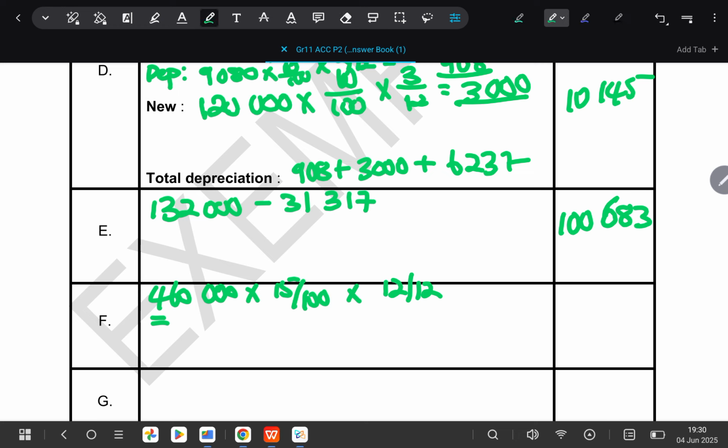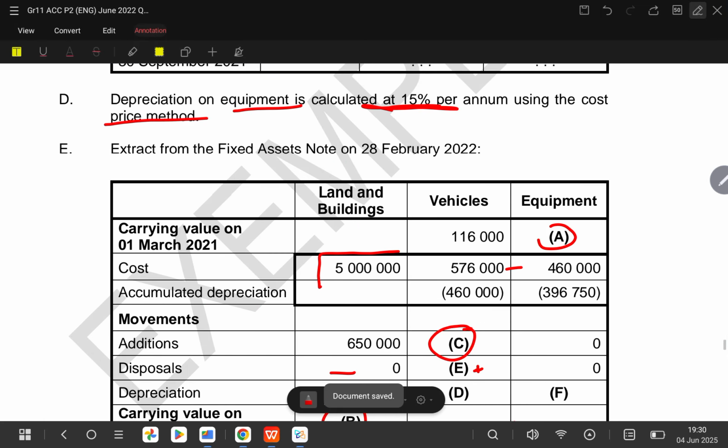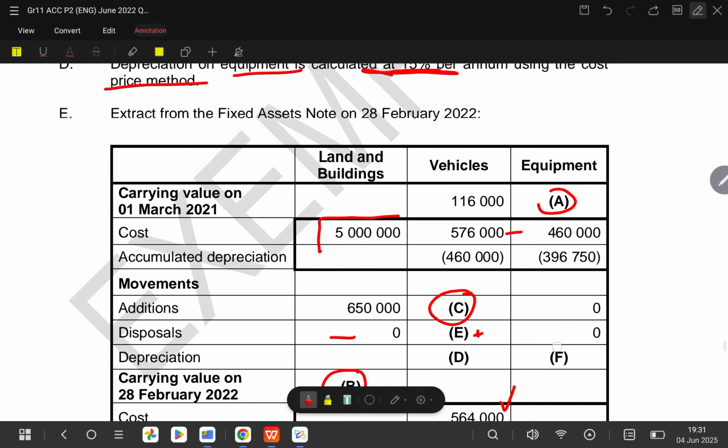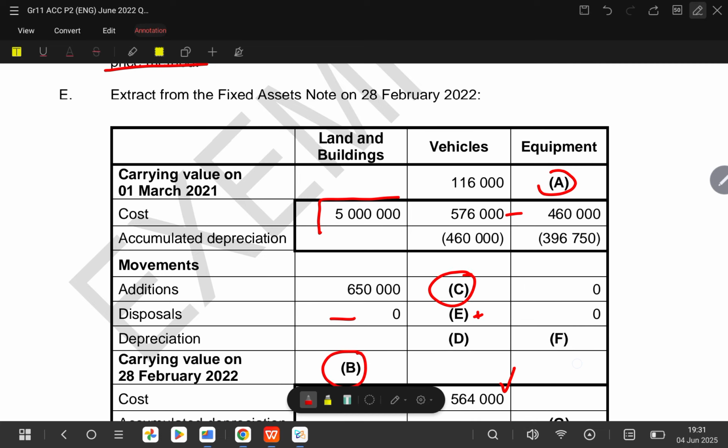Now, when you deal with old assets, you need to check if when you add it to your opening accumulated, it will give you an amount that is greater than your cost price. Remember our accumulated is 396,750.